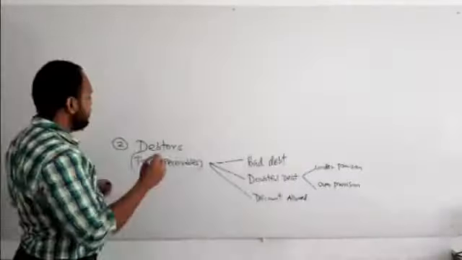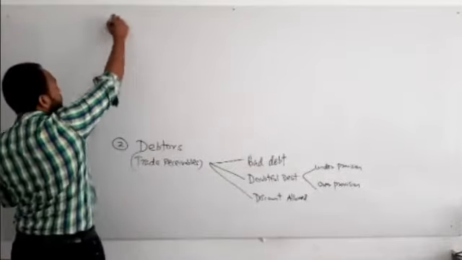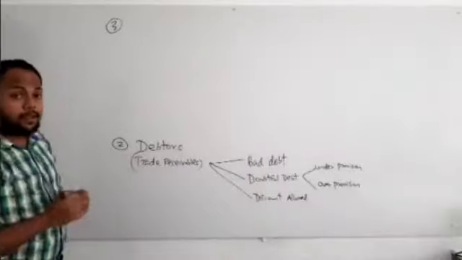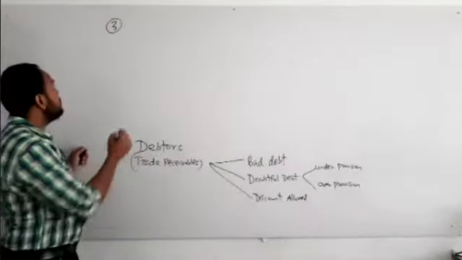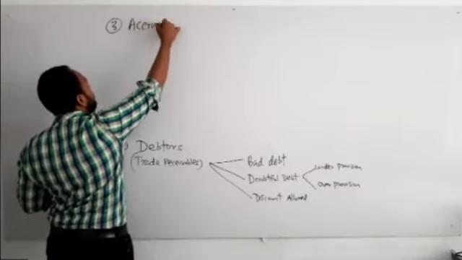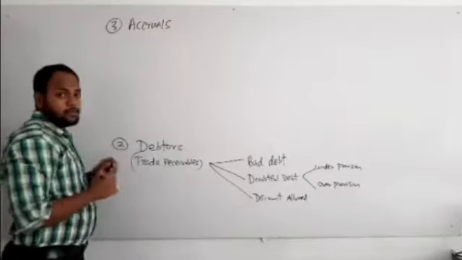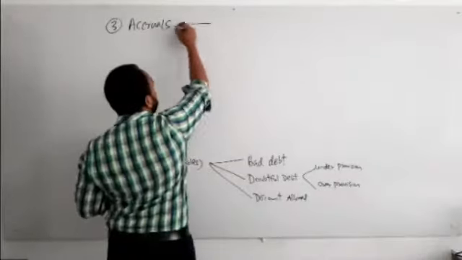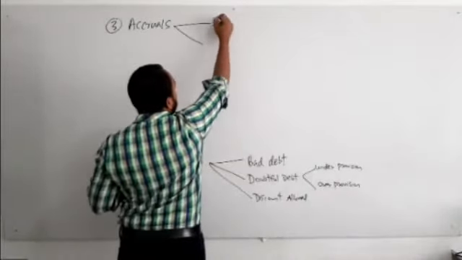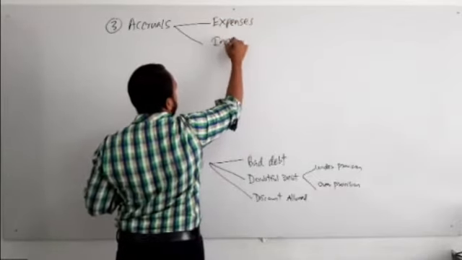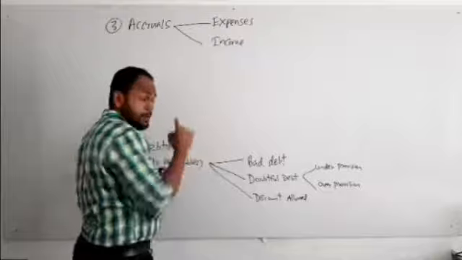Then moving to the third one. Number 3, we need to know adjustments related to accruals. So when it comes to accruals, we have expenses and income.